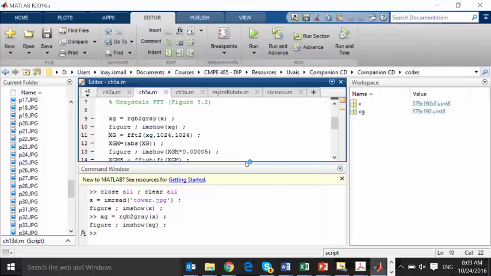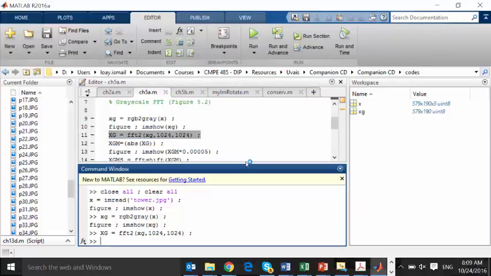And for this grayscale image, we applied the fast Fourier transform in two dimensions. Here we have assumed that the size of the result of this transform will be 1024 by 1024 pixels.